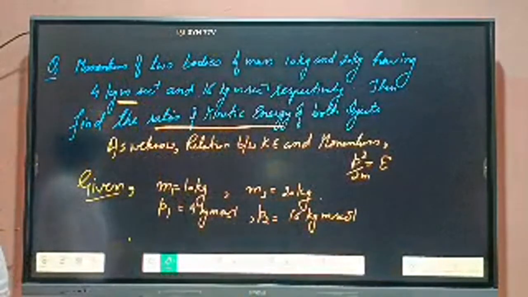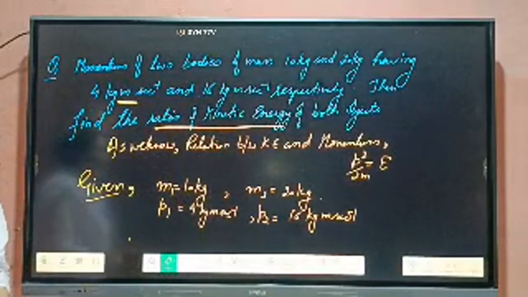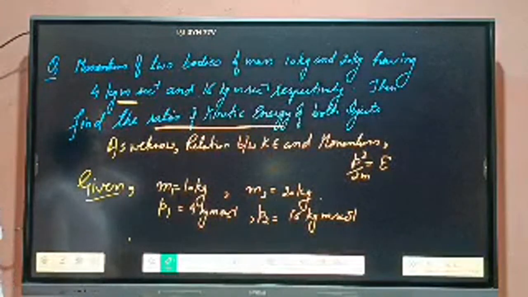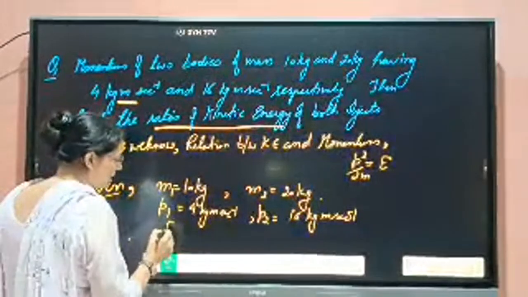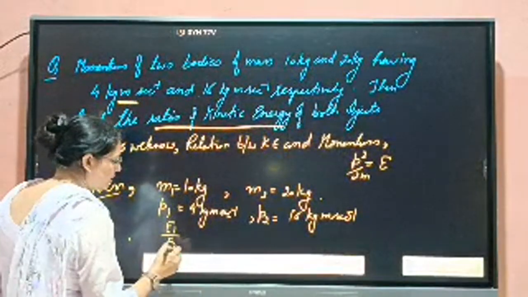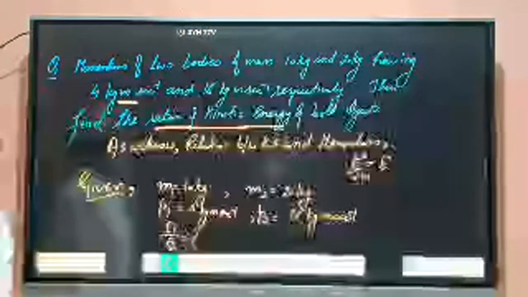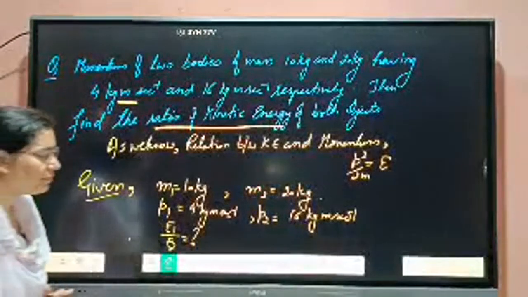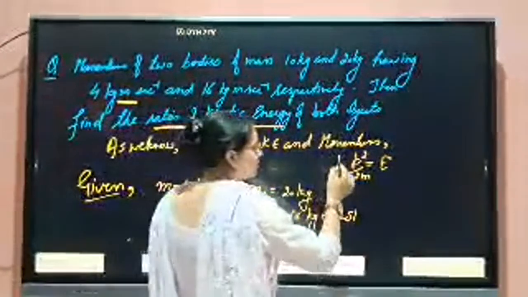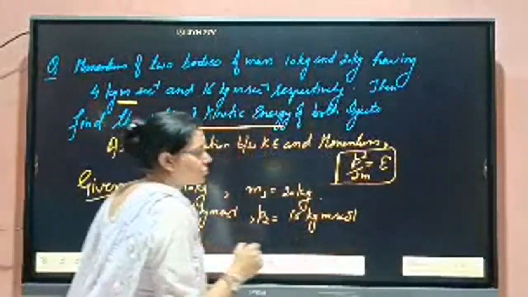Clear? This is our momentum, this is our masses of both objects. Then we have to find out the ratio of the kinetic energy, E1 by E2. For this we should know the formula, the relation between them: E equal to p square by 2m.